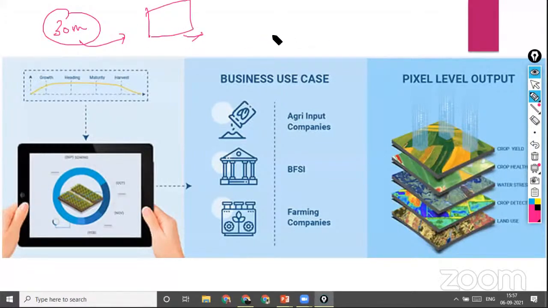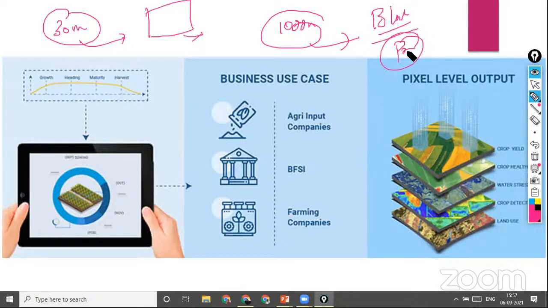There are other remote sensing satellites with high resolution also. In those scenarios, you can also get some idea about, say, the block level coconut production statistics, and so on. So all those are the works that are happening around.